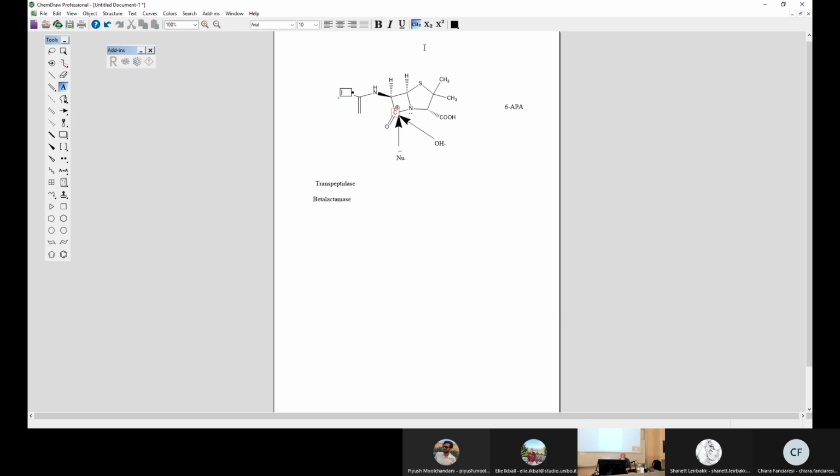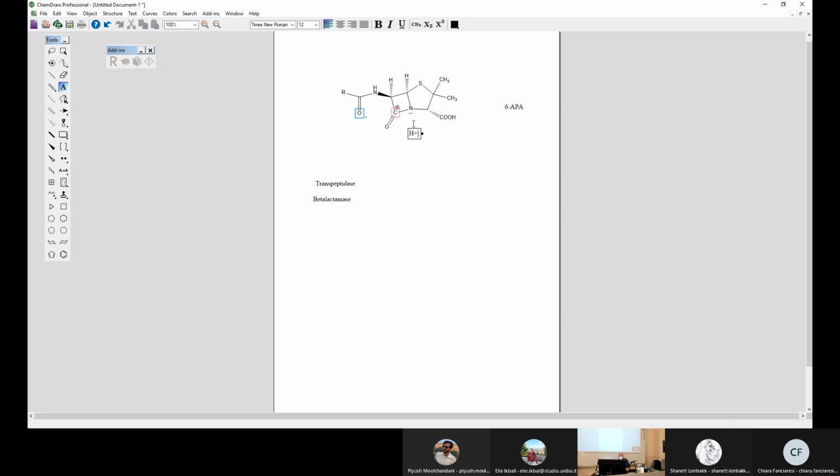Here you see the side chain of penicillin, for example. So we are in an acidic environment. You know that normally protons search electrons. And on this backbone, there is an atom with a lot of electrons.